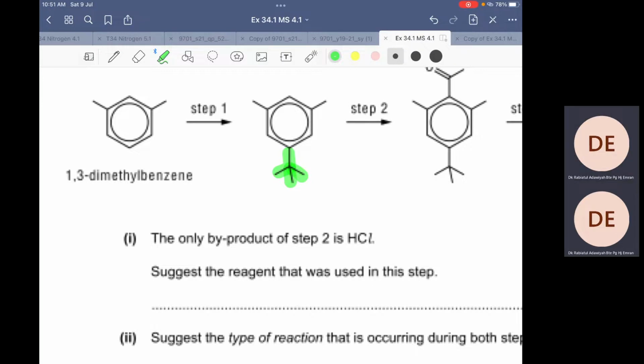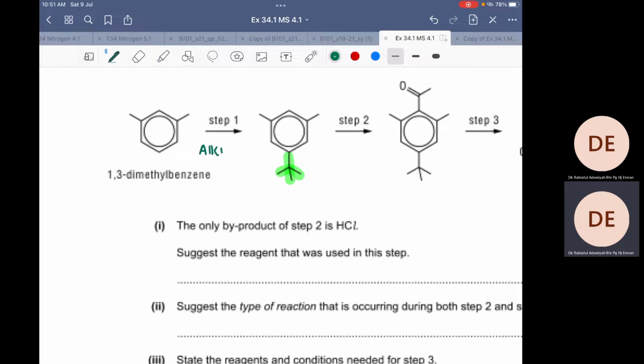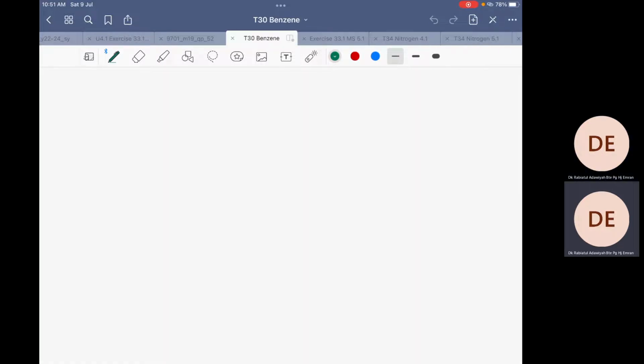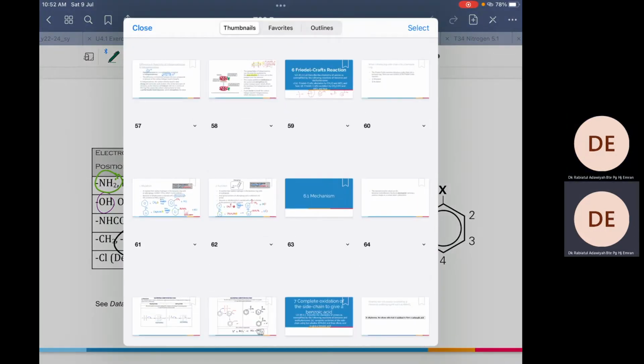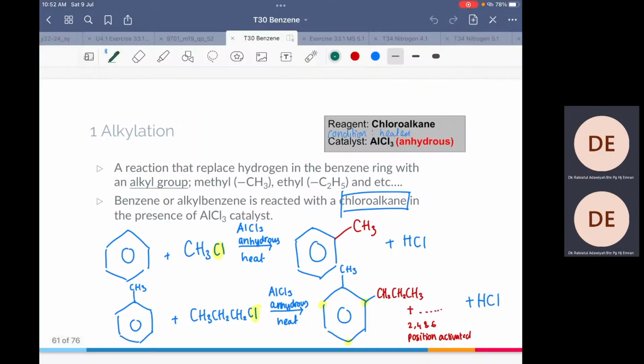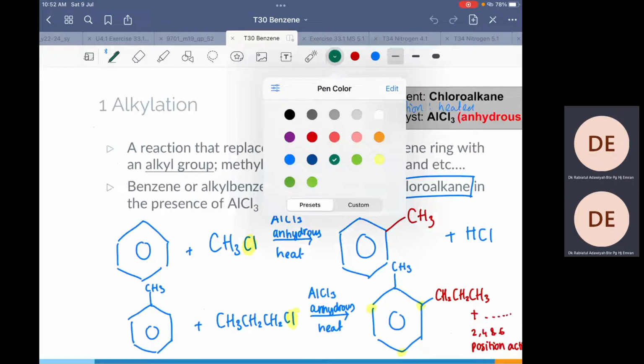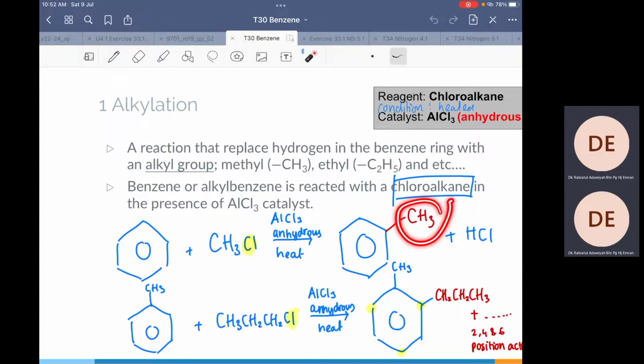What kind of reaction is that? That's an alkyl group, right? Yeah, so that is actually an alkylation. If you look at your notes, you probably don't have them with you now. Alkylation is called a specific name, Friedel-Crafts alkylation, okay? So if you want to attach a CH3 group, you need to react with CH3Cl.